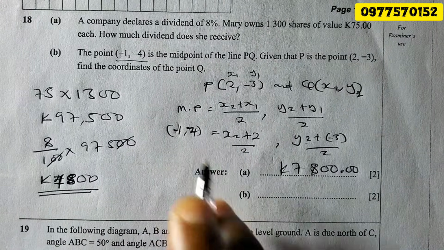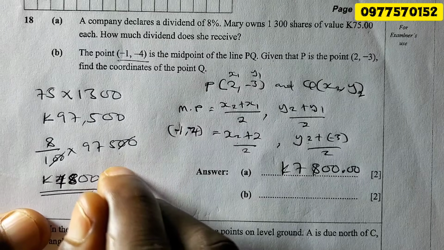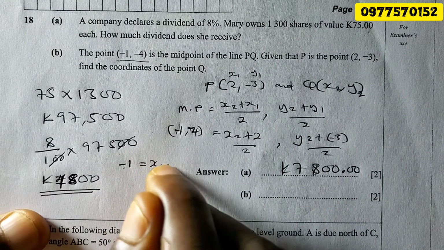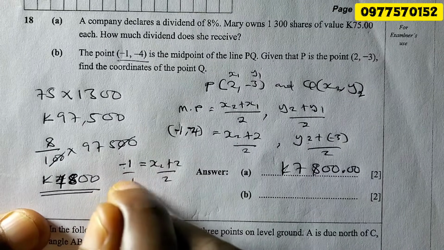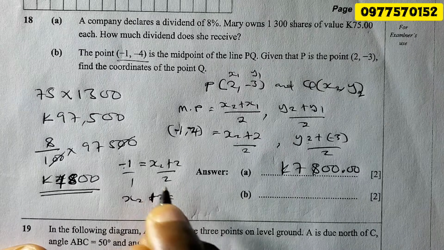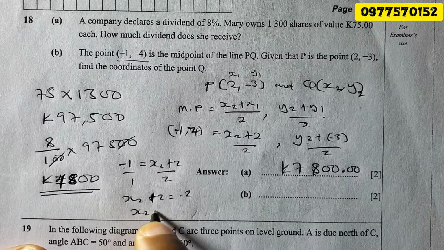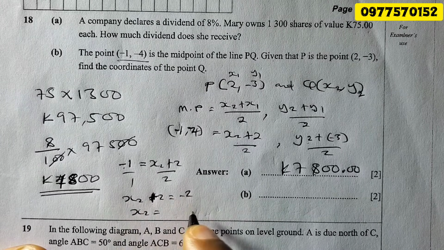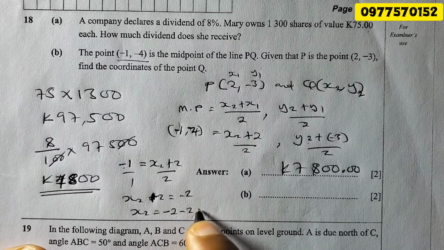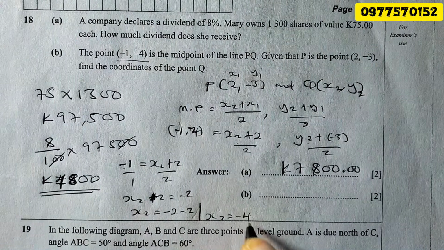We can solve this separately. This x we're going to equate to this one. -1 is equals to x2 plus 2 over 2. Let's solve for x. x2 plus 2 is equals to -1 times 2, which is -2. The +2 crosses over and becomes -2. So x2 is equals to -4.